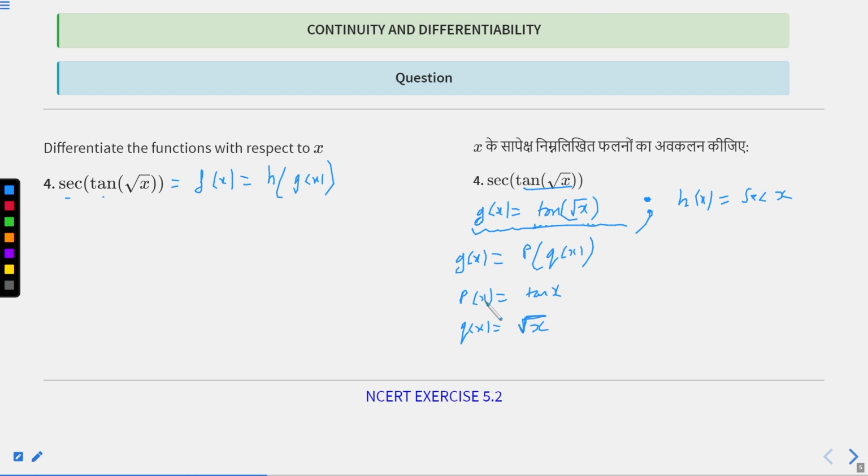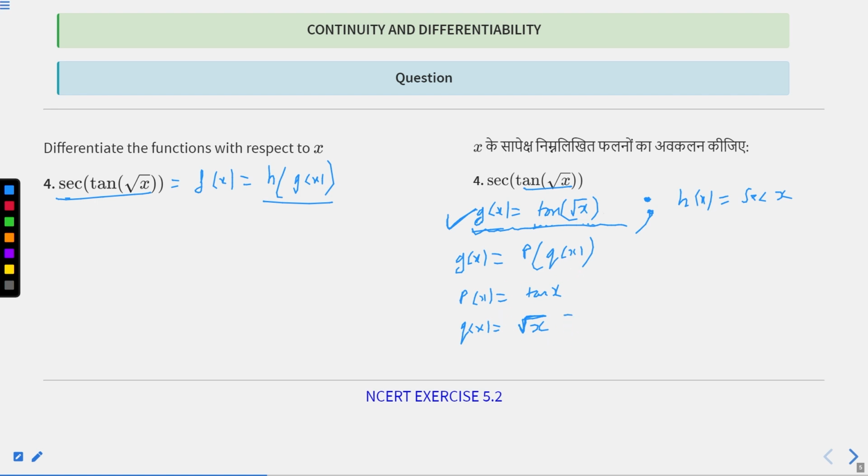So g(x) is your composition. Originally I started from here, used composition, came to this point, and again I have to use composition.